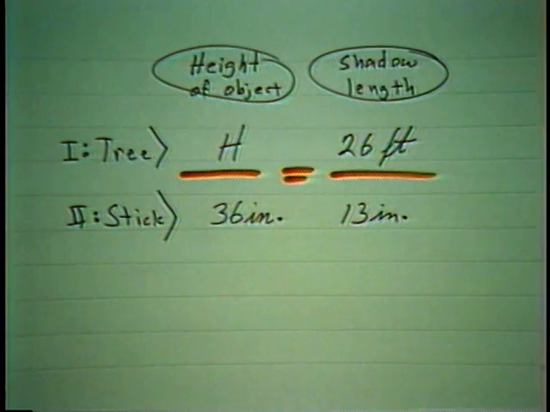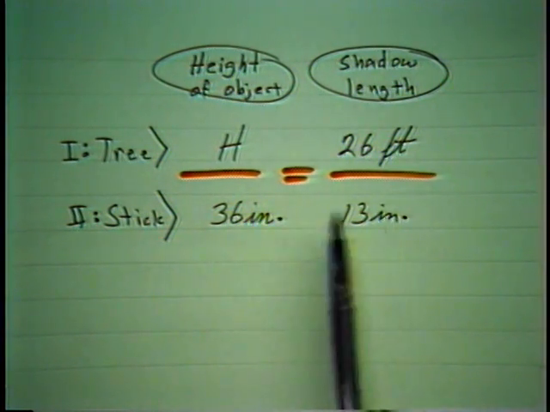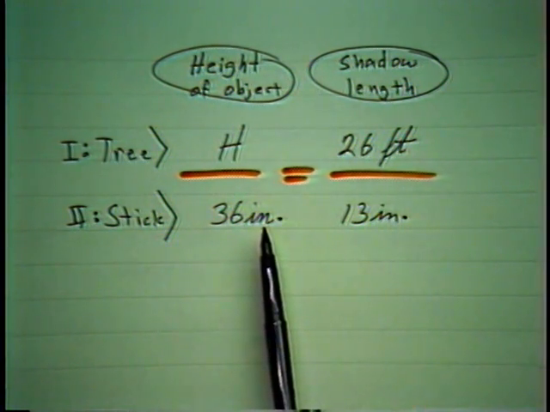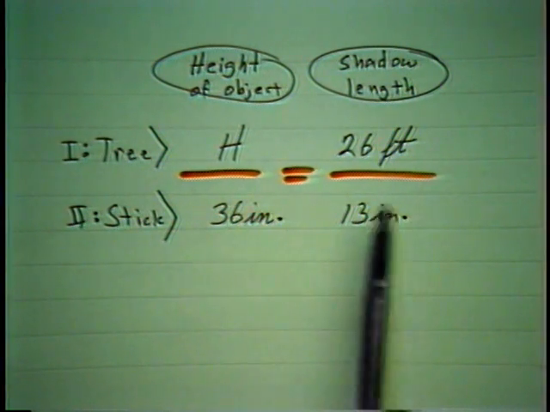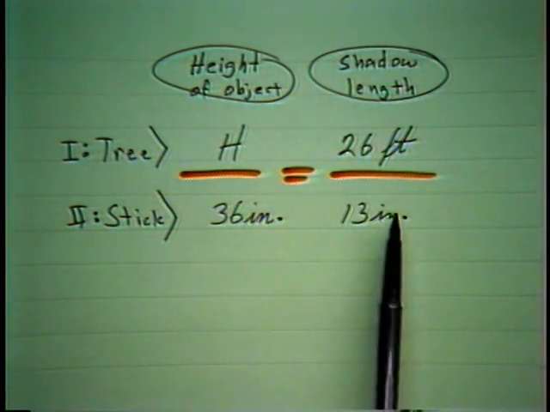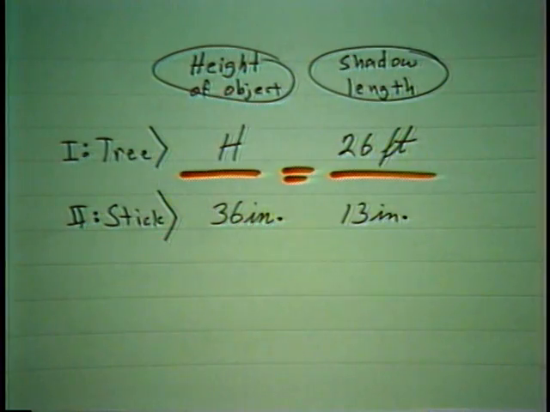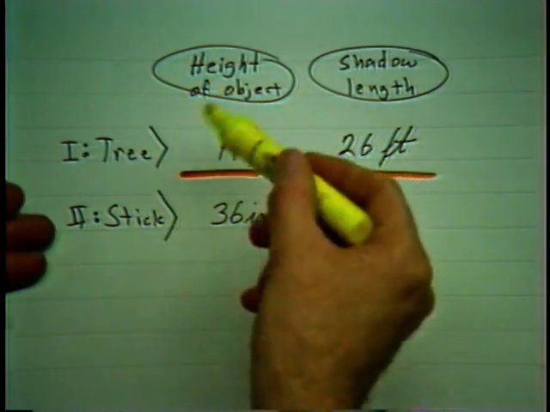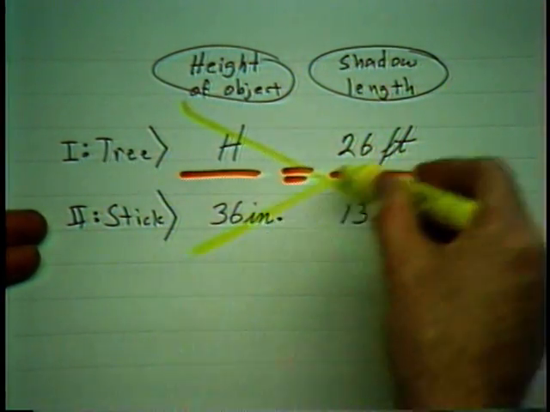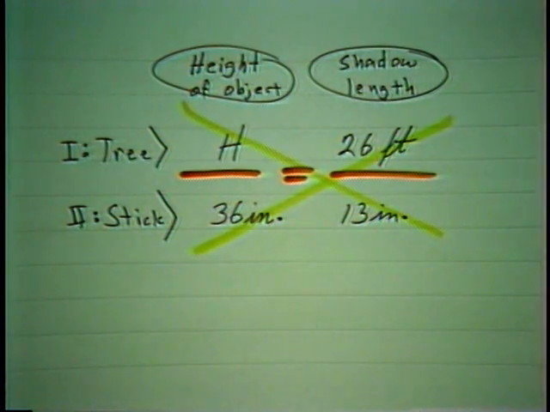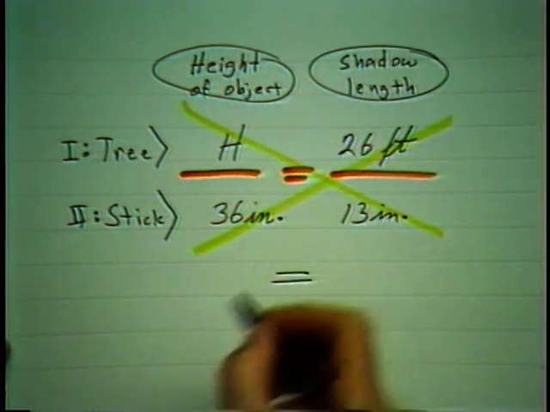Now some might ask, if this is in feet, shouldn't these be in feet too? The answer is yes. If both of these were in feet, it would work. But let's leave it in inches and see what's going to happen. Okay, we're going to take two cross products and set them equal.